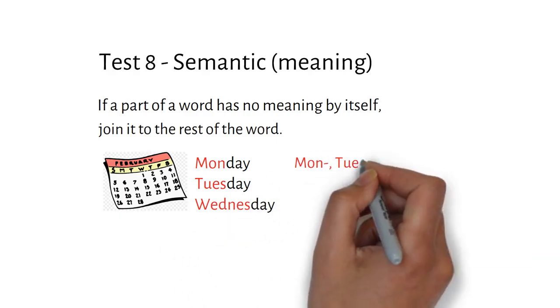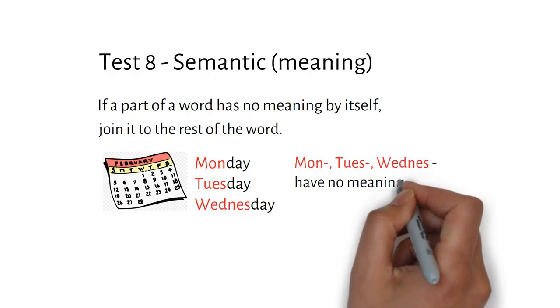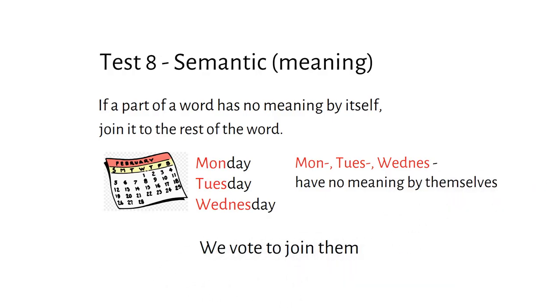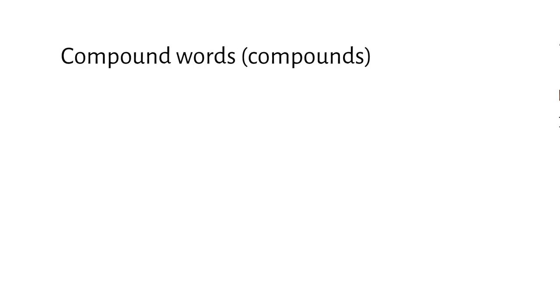The mun, tus, and wens have no meaning by themselves, so should be joined to day. A speaker would also never pronounce these by themselves, so our first test would also apply. But here we are talking about meaning. And meaning relates to compound words, too.